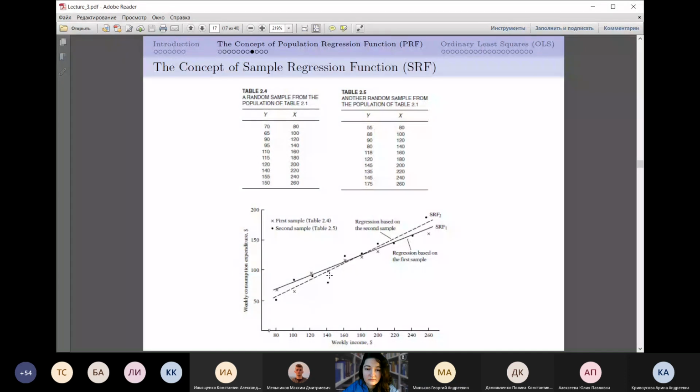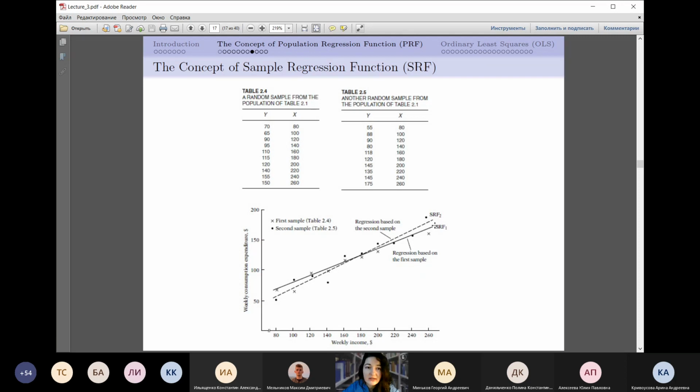So we need to draw one more average line here. Yeah? Probably. Okay. The answer is that we cannot be sure which one better represents our true population regression line.